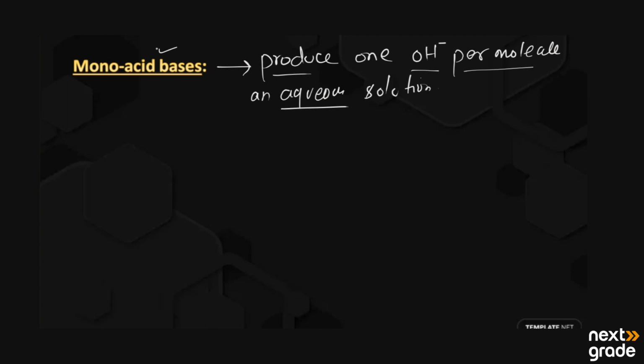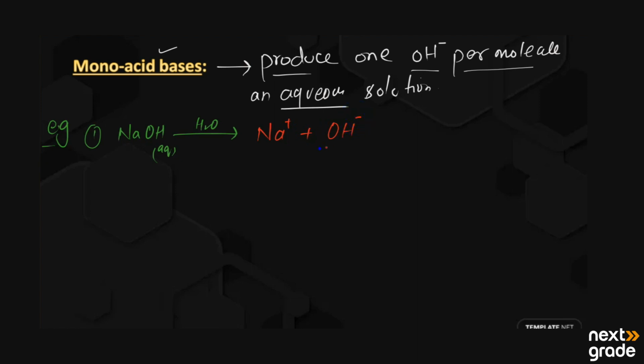We have many examples of monoacid bases. The first example is sodium hydroxide. In its aqueous solution, it produces ions like Na positive and OH negative.